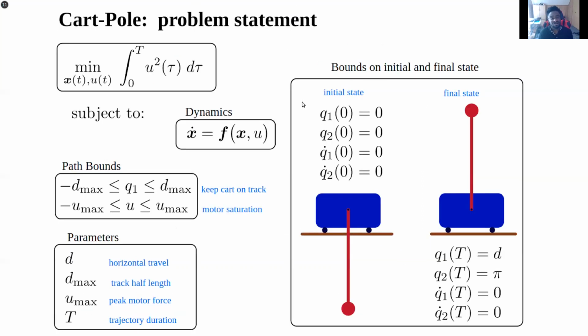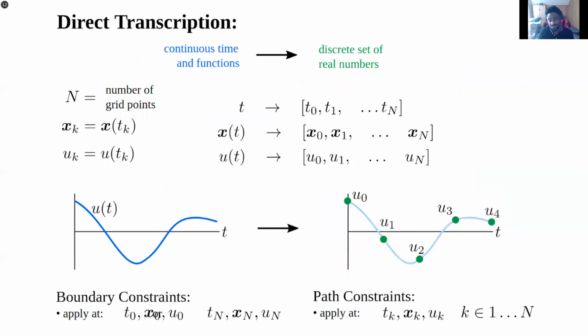We want to perform this trajectory in a limited amount of time, so we specify from some time t0 to t equal to uppercase T. To discretize it, we interpolate between these times, coming up with time steps between the start time and the end time. Then we use these times to discretize the states and the inputs as well.